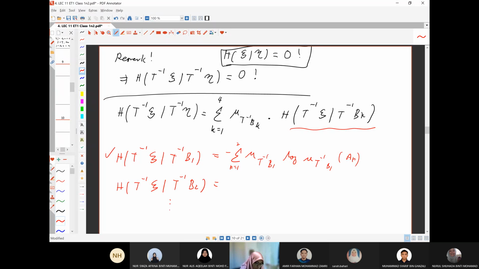So then you have to find the measure here. Banyak kerja. So first I find the measure of B1. Oh sorry. Kenalah ada ni sebab dia ada inverse.